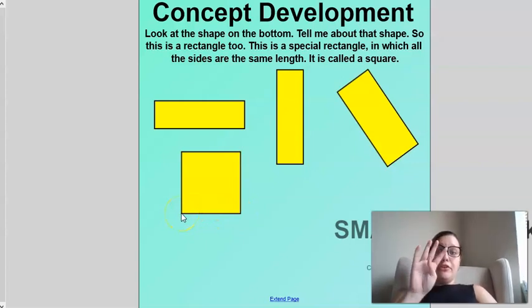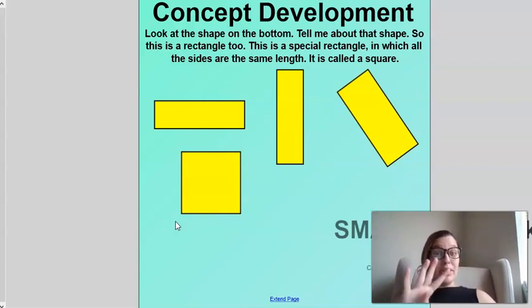So we have 4 points, 4 sides. Well, what's different? Look at the length of these sides. Are they all the same length? Yes, they are. There's not too short and too long. They are all the same length.